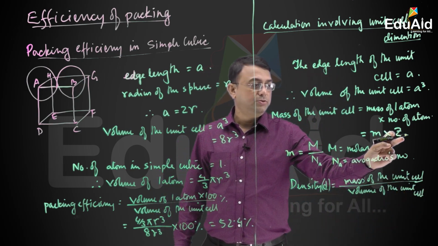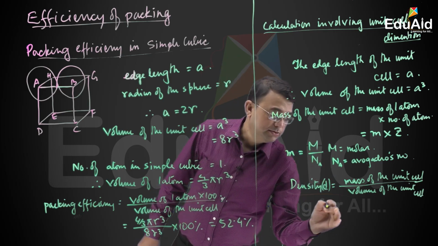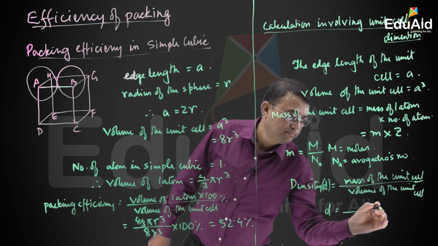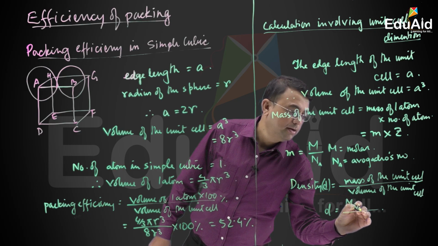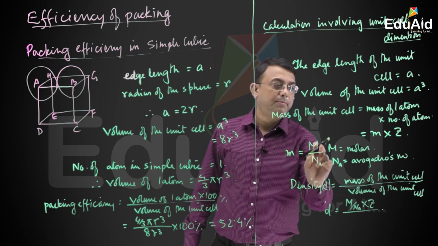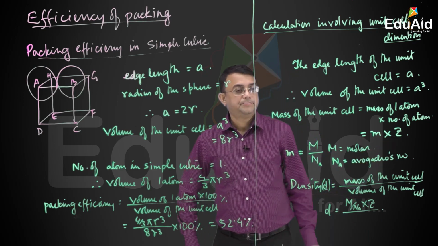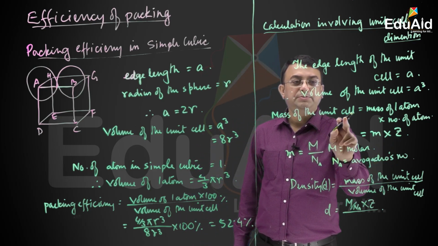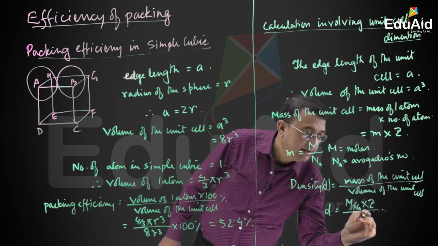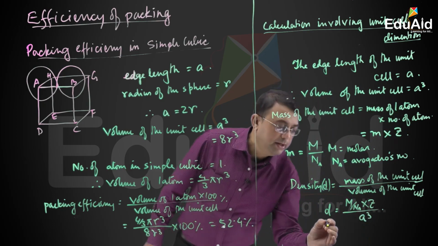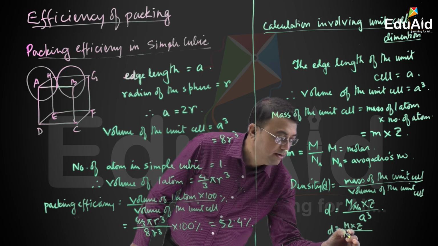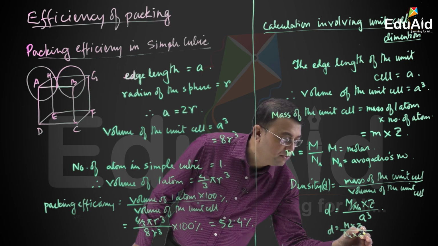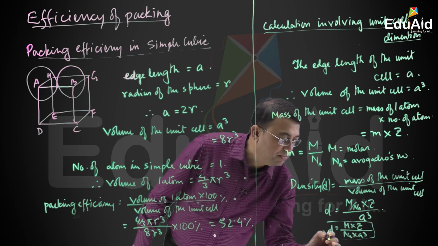M into Z, where m means M by Na. So D equal to M by Na into Z. That is the mass of the unit cell. And what is the volume of the unit cell? It is A cube, which is coming out to be D equal to M into Z by Na into A cube. So this is the relation we need to remember.